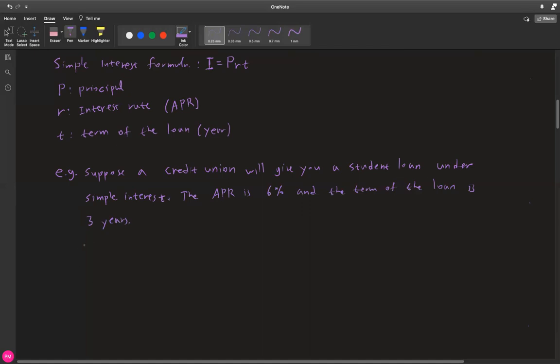And suppose you are borrowing $5,000. Then at the end of the term, how much interest do you owe?